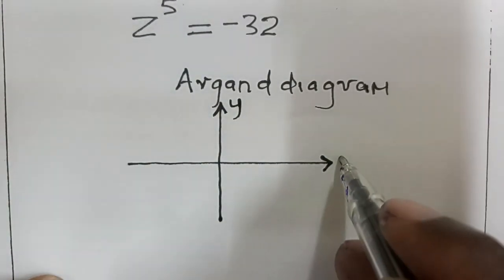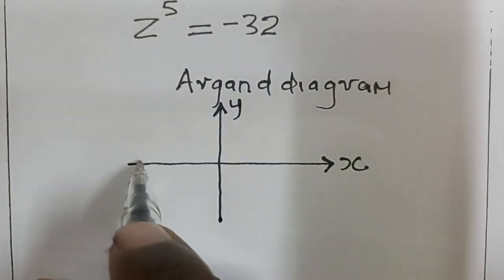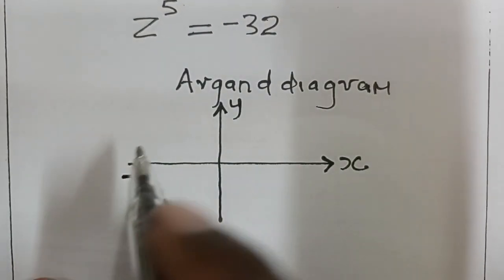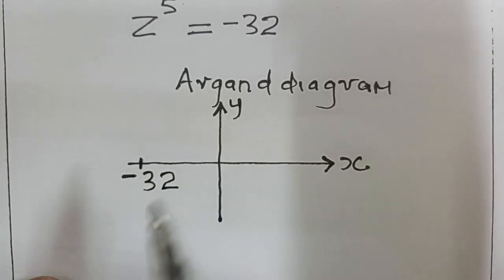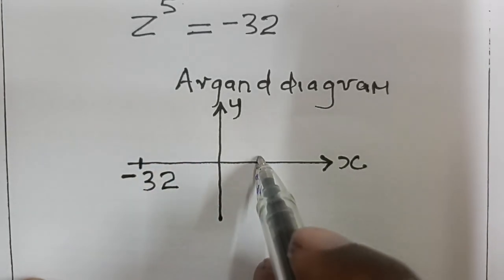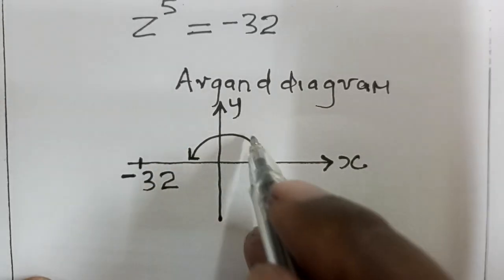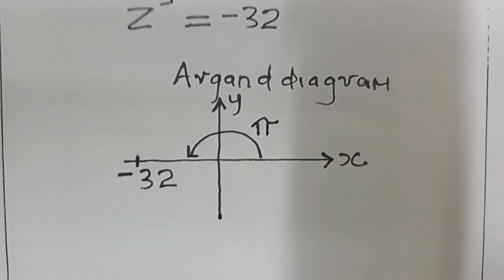For us, we have the real part only, which is negative, and this now comes to this side of our axis, that is the x-axis. This is now negative 32. So for the argument, it is from this point up to that point, and this is 180 or pi in terms of radians.